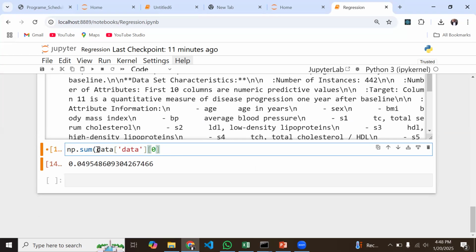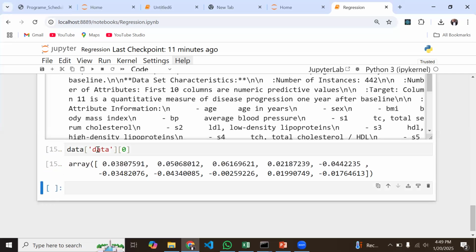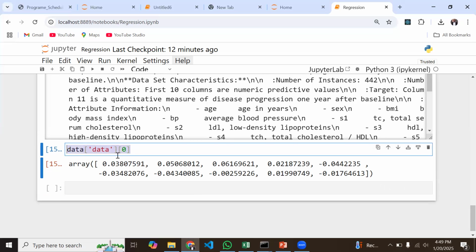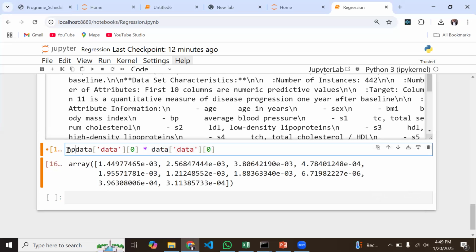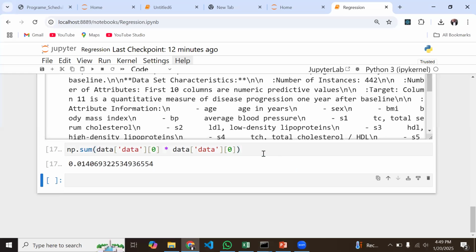First of all, let's square everything and then sum those. If I multiply this by itself, that's the square, and then if we do np.sum and run this, we are still back to what we saw earlier on.